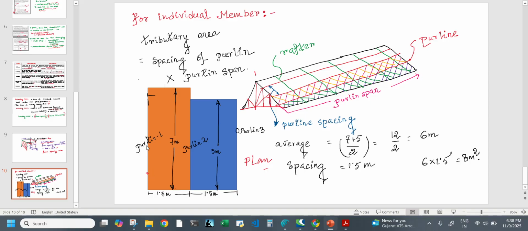This is purlin 1, purlin 2 and purlin 3, three purlins, and the spacing between them is 1.5 meter and 1.5 meter. The average span is equal to 7.6 meter, average width, average depth, and the spacing is 1.5 meter. Then the individual tributary area is 8 meter square.